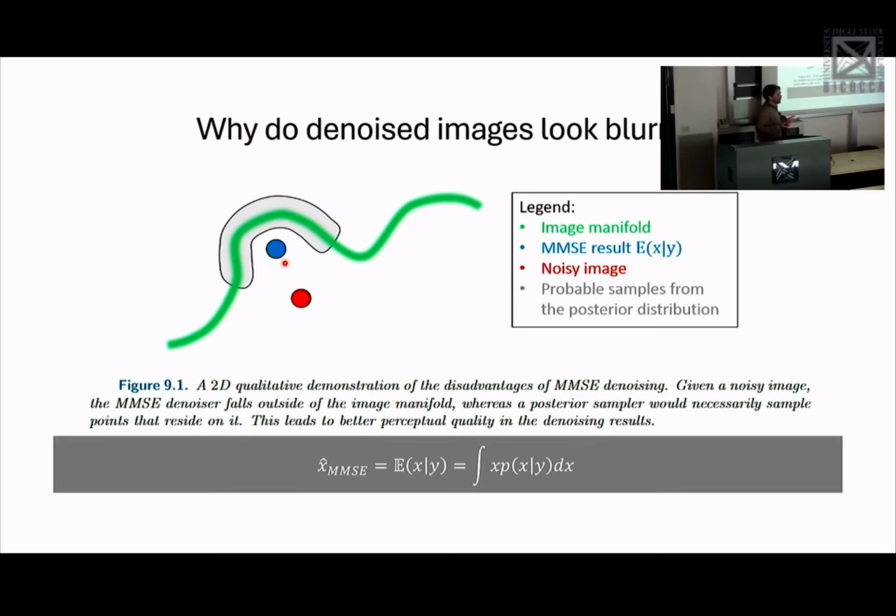So it's not necessarily an image. If what I've measured is here, all these images that lie here are compatible. Maybe my true image was this one, or maybe this one, or maybe this one.